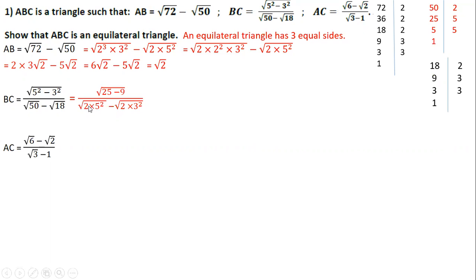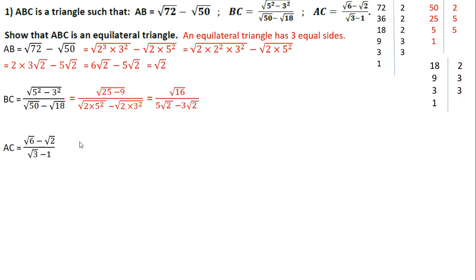Now down here, can we get 5 squared outside? It becomes what? 5. So 5 radical 2 minus 3 squared outside, it becomes? 3.